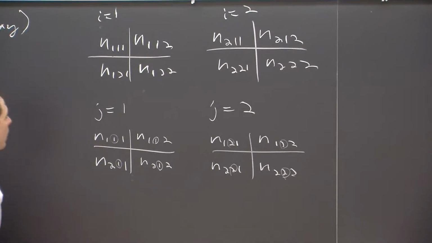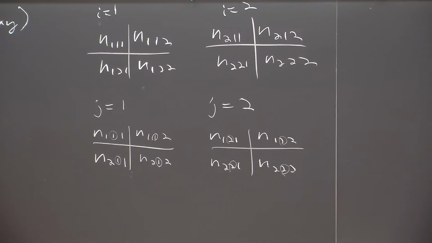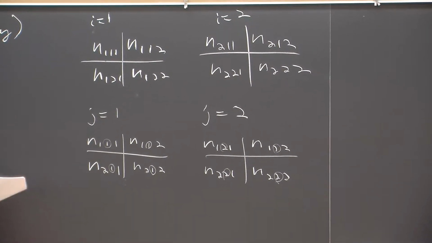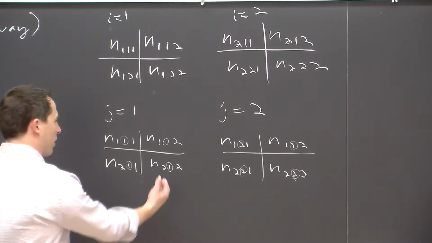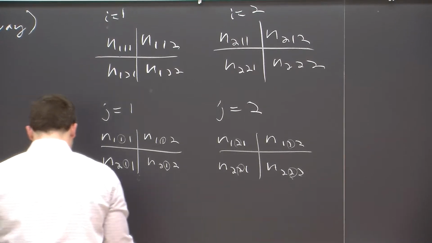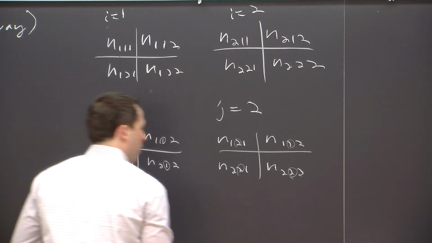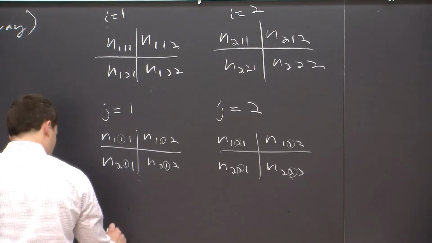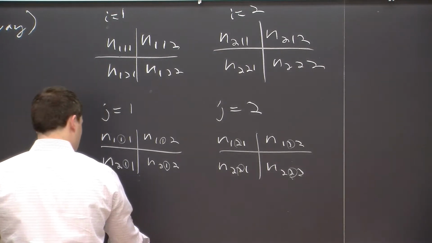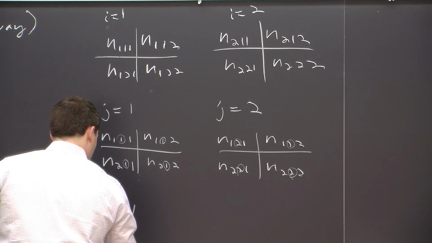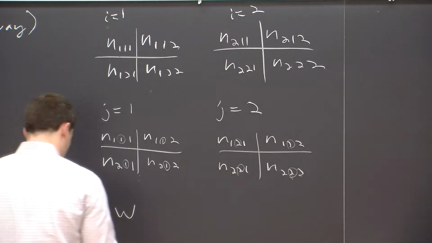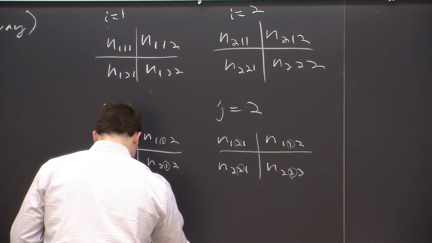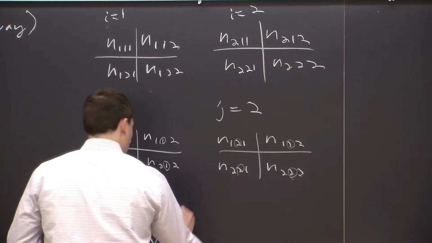The other way that you'll typically see these presented is not as a bunch of tables, but as one big matrix, which these implicitly are. For example, there's an example in the notes called the death penalty example, and it has to do with whether the defendant and the victim were white or black, and whether they received the death penalty or not.